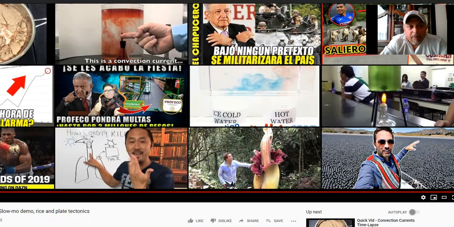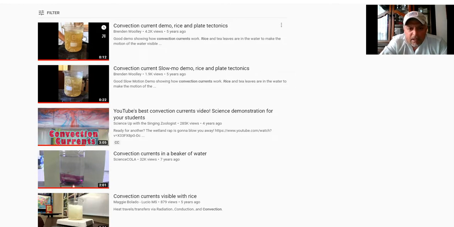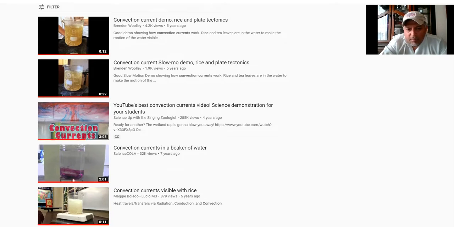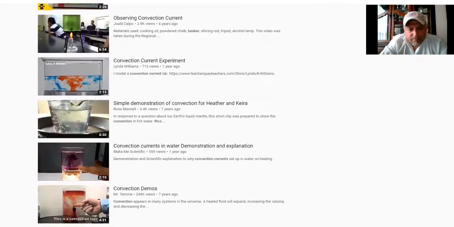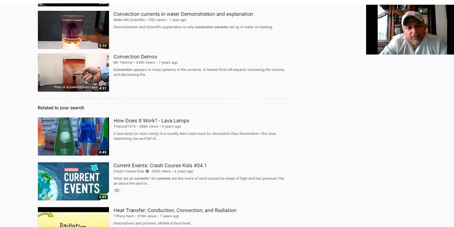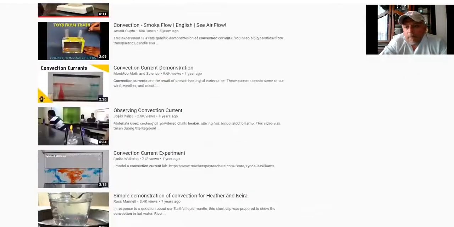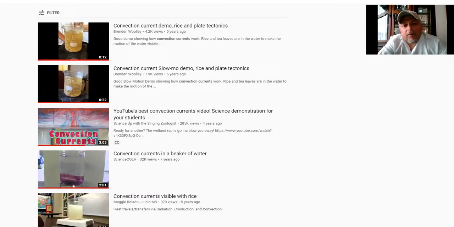So that's basically what we have. I believe that this one is the same one too. Anyway, that has to do with how the convection currents will make all the plates on top of the crust of the Earth move.